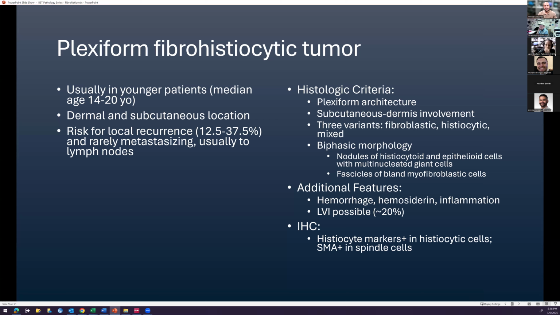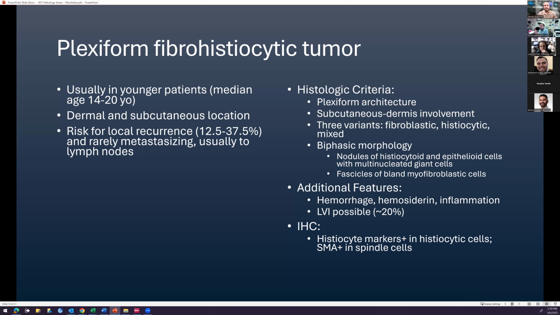What we just looked at is the histiocytic variant, where you see these nodules of histiocytes and more of a scar-like fibrous background throughout. The fibroblastic variant tends to be almost more like fibromatosis in the background, much more cellular spindled background, with still those plexiform nodules in there.